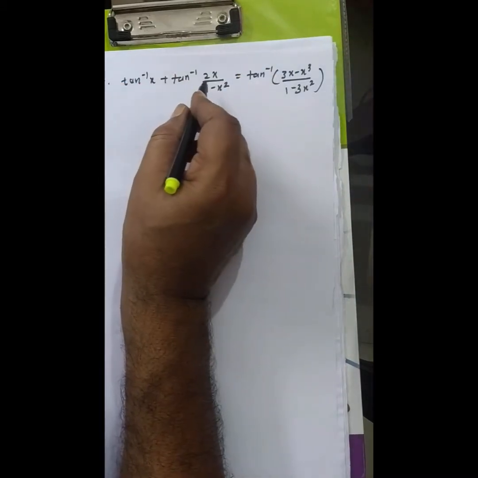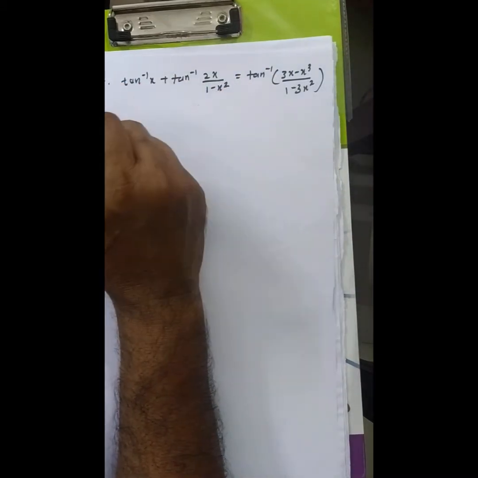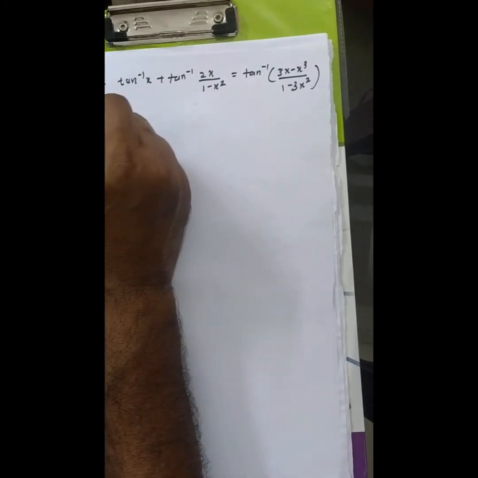So tan inverse of x plus tan inverse of 2x upon 1 minus x square is equal to tan inverse of 3x minus x cube upon 1 minus 3x square.